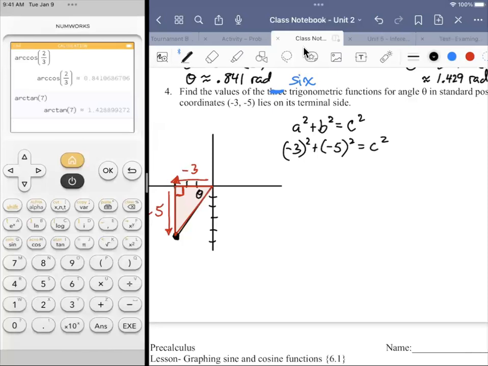The good news is we don't really have to worry about the negatives because they're going to square away anyway. -3 squared is 9. -5 squared is 25. So I'm looking at 34 is equal to c squared, which means c, if I take the square root of both sides, c has to be equal to radical 34. So I can just kind of chuck that in over here.